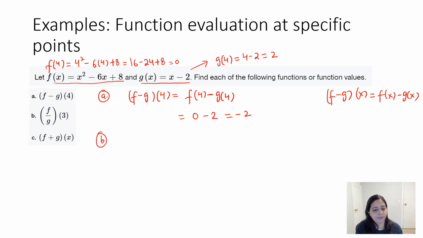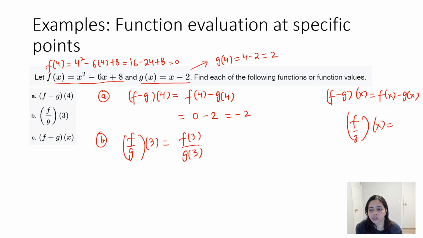Now look at B. f over g evaluated at 3. So it would be f(3) over g(3), coming from the definition of the quotient function, that it's f(x) divided by g(x). So f(3) over g(3). Now again, we'll go back to the definitions of f(x) and g(x) and evaluate f(3) and g(3). f(x) is x squared minus 6x plus 8.